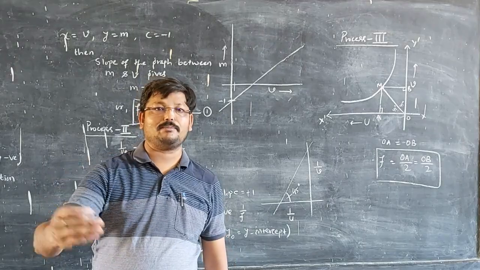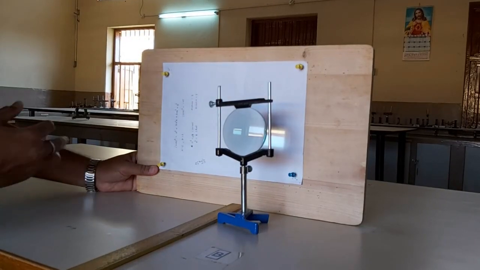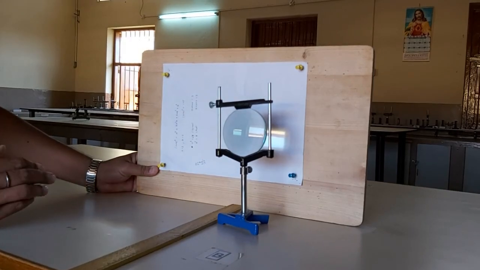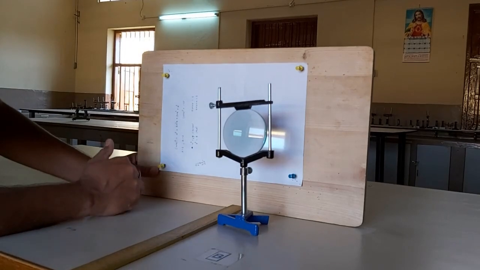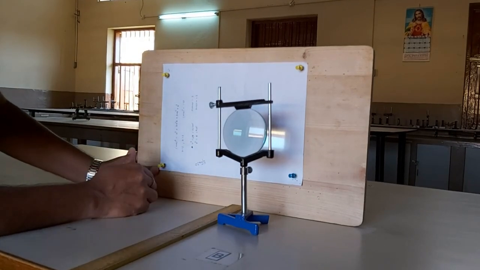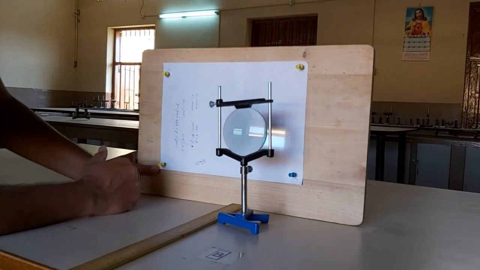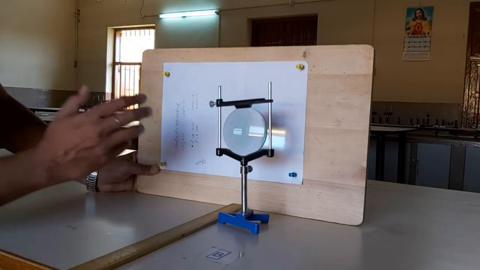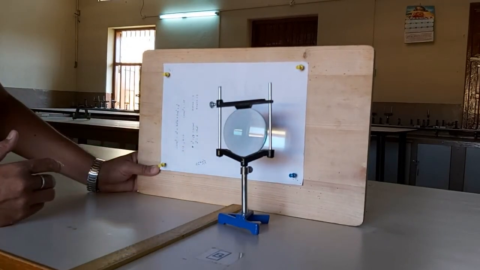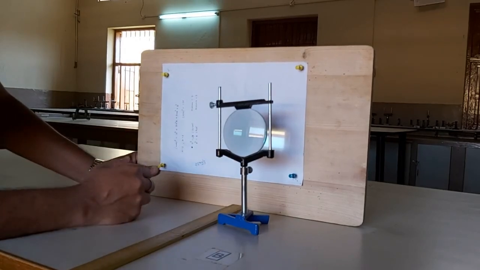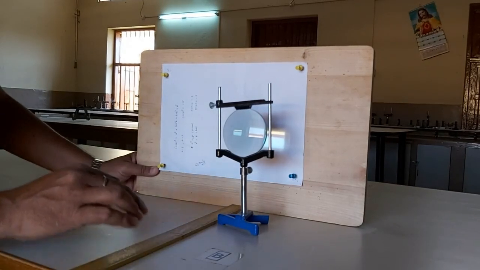Now we will come to the practical session. As we have discussed the theory on the board, now we are here to explain the practical. First of all, for the given convex lens, we need to find a rough focal length, by forming the image of a distant object. Here we have taken a lens holder, along with a screen and a measuring scale.